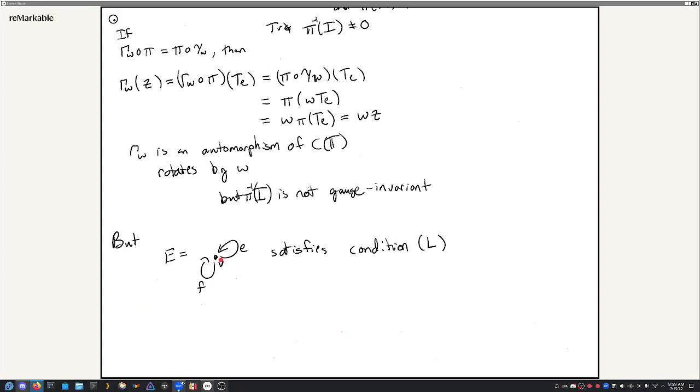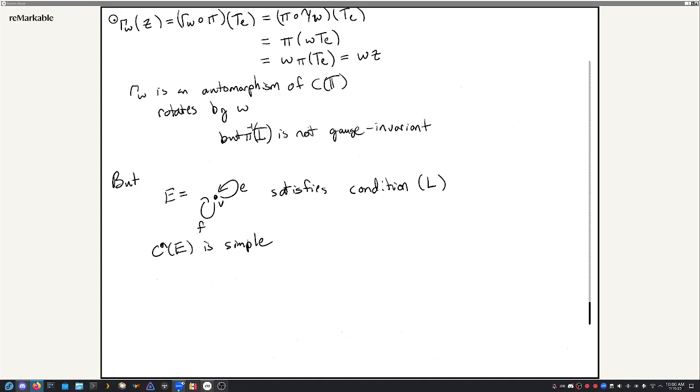So every ideal contains the vertex projection T_V, but for this C-star algebra, T_V is the identity, so every non-zero ideal contains the identity. Therefore, C-star of the graph, by the Cuntz-Krieger uniqueness, is simple. And what is this C-star algebra? It's the algebra O2 called the Cuntz algebra.